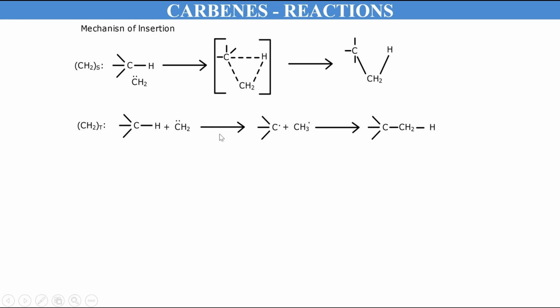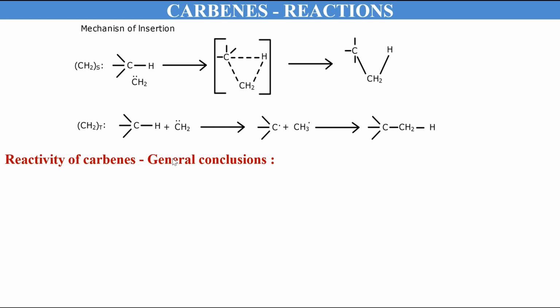If it is in triplet state, it undergoes two steps. But the insertion occurs both ways, whether in singlet or triplet state. This is the mechanism behind the insertion of the carbene into the carbon-hydrogen bond of the alkyl group.